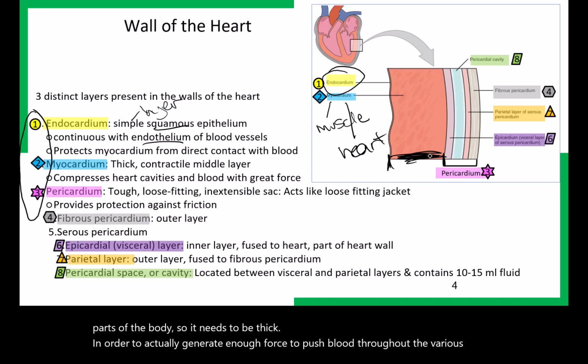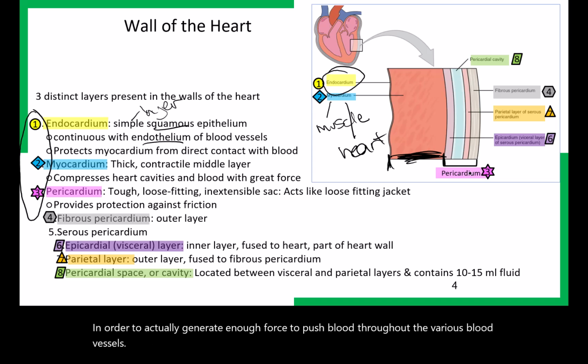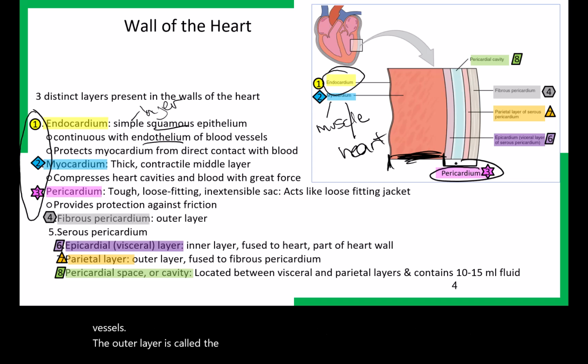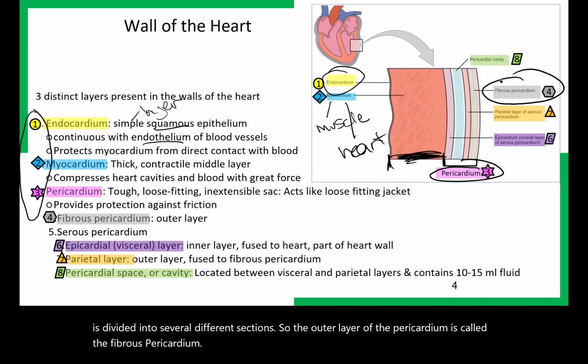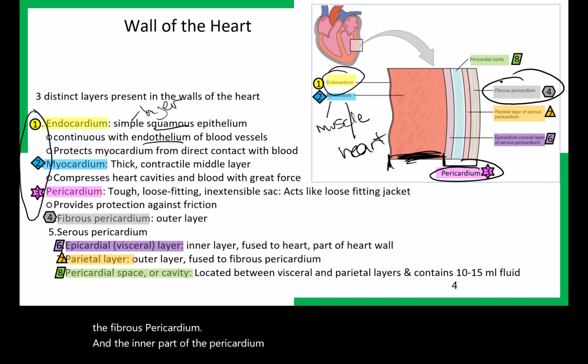The outer layer is called the pericardium, and what you can see here is the pericardium is divided into several different sections. The outer layer of the pericardium is called the fibrous pericardium, and the inner part is called the serous pericardium.